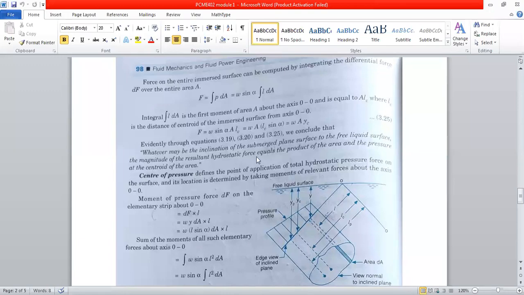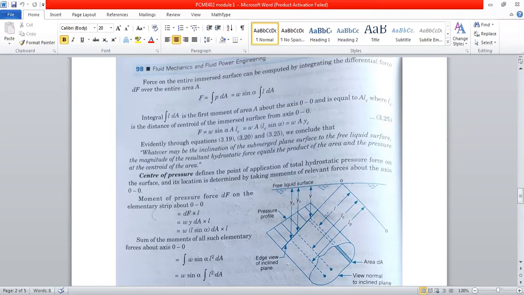So the product of area A and the pressure at the centroid WYC. So total F is WAYC. Do you understand this?